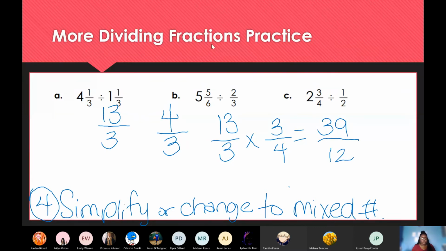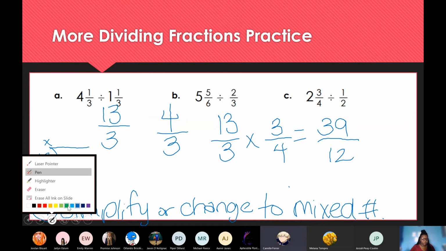We want to remember our 12, our denominator, is going to go on the outside of the house. The 39, my numerator, will become my dividend. And now I need to ask myself, 12 times what will come closest to equaling 39 without going over? 3.